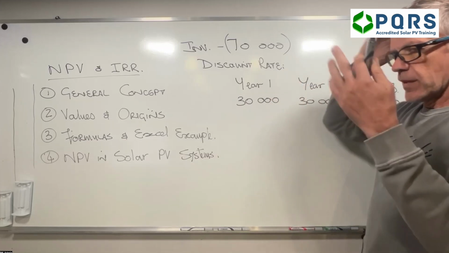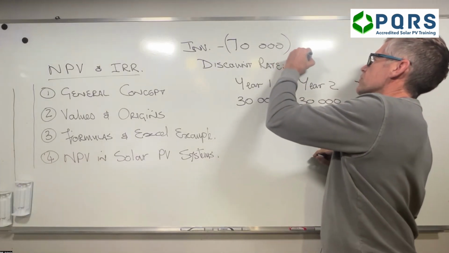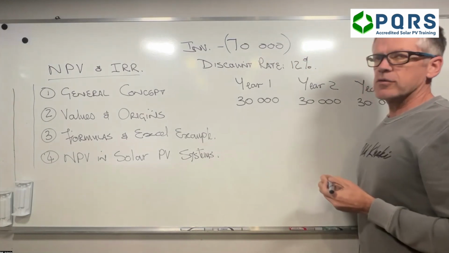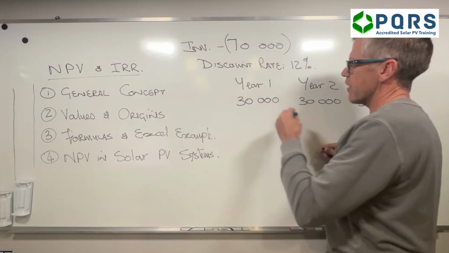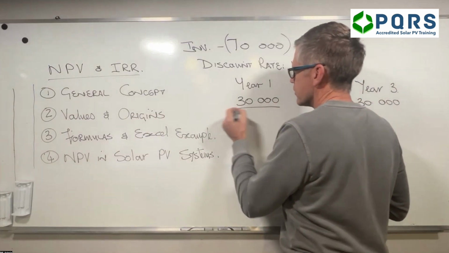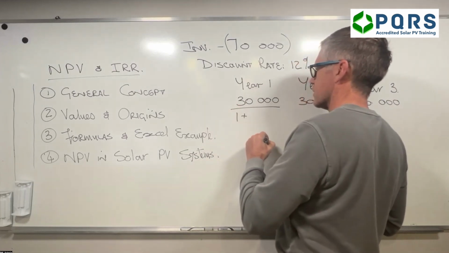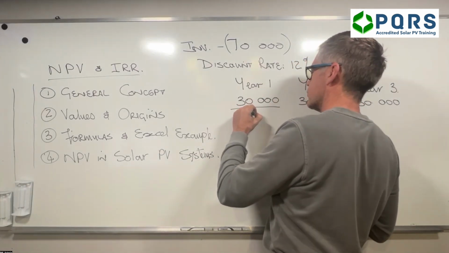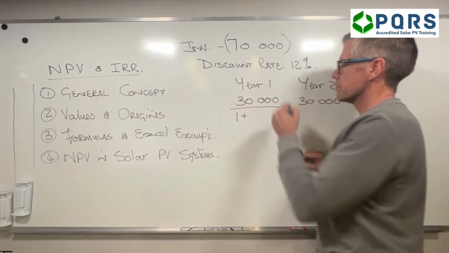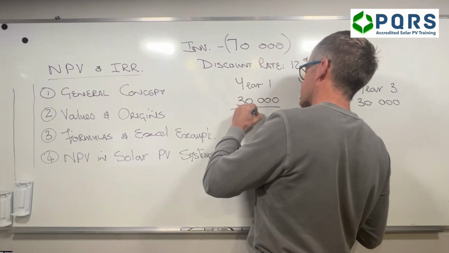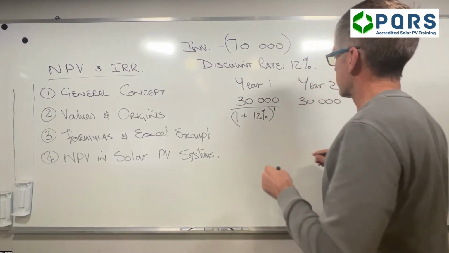So let's use a simple example without thinking about it too much. I'm going to use 12% as a discount rate. So what we will do is take that value and divide it by 1 plus the discount rate. I'm going to call it 1 plus 12%, and over here it's going to be to the power of 1.